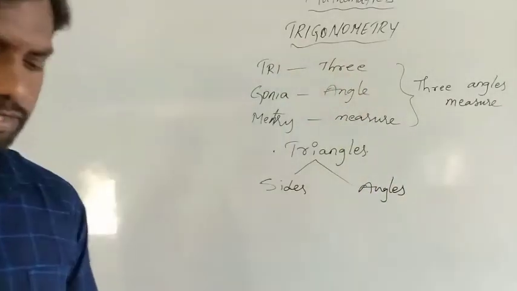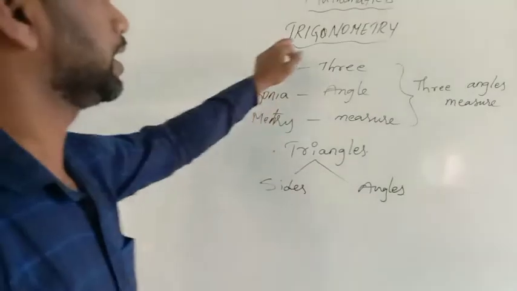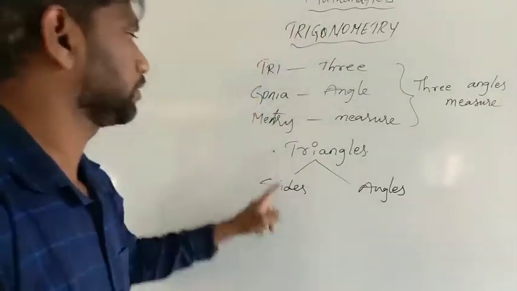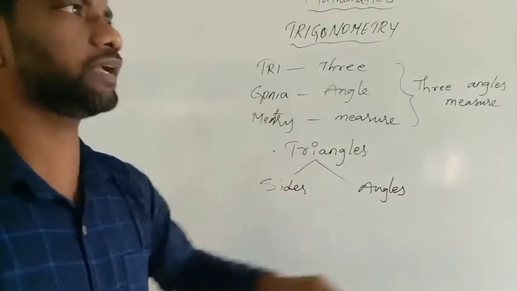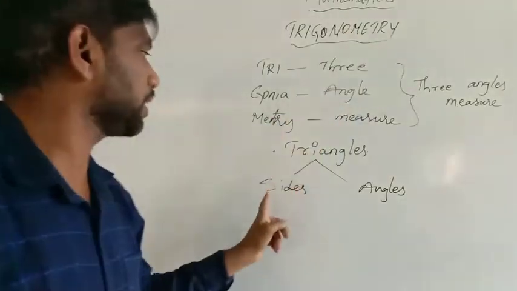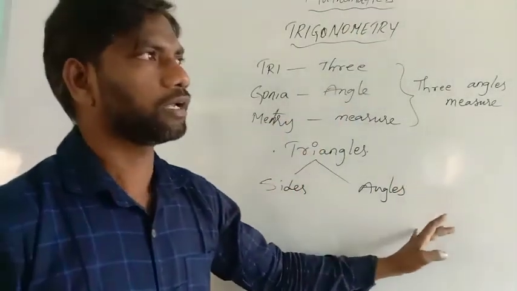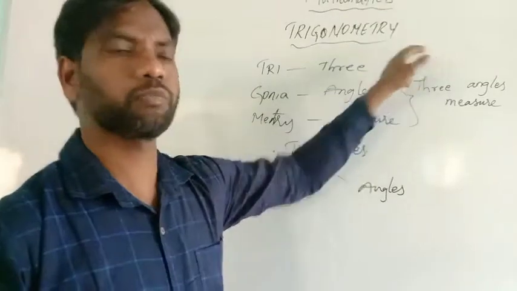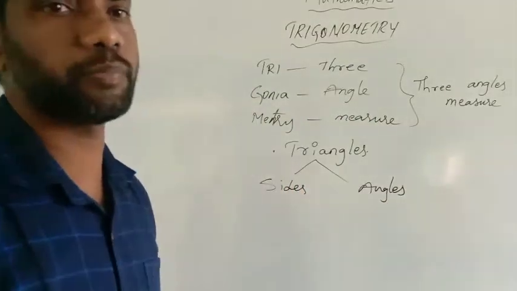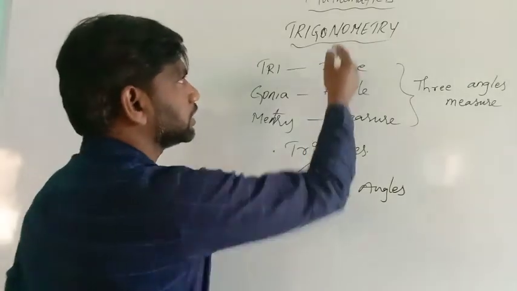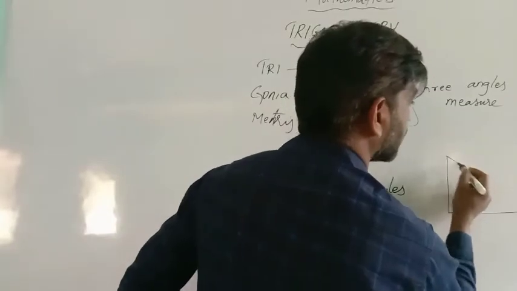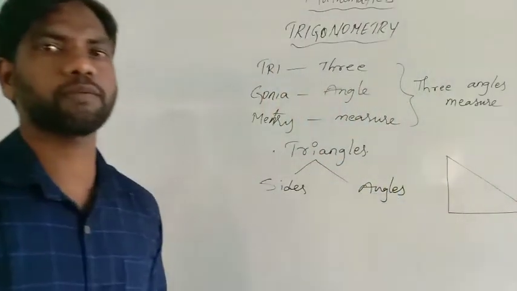Trigonometry is the study of mathematics which deals with the sides and angles of the triangle. In this chapter we study trigonometry mostly based on right angle triangles only.